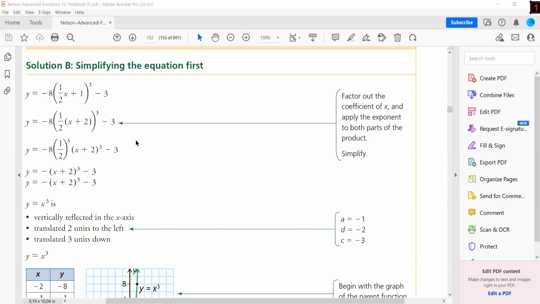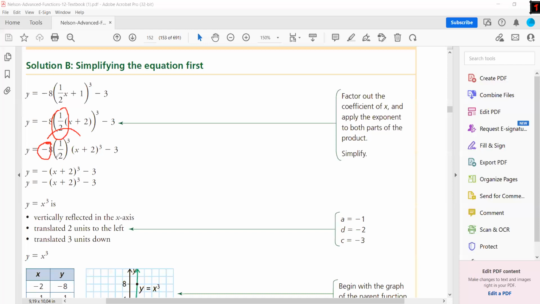Looking into this particular example, we can notice that we could have simplified this transformation even more, because we have a coefficient of 1/2. Factoring it out will give us a simplification of the a and k coefficients together, right?